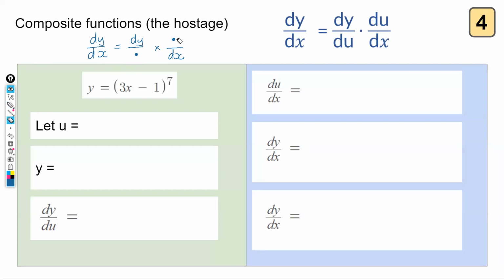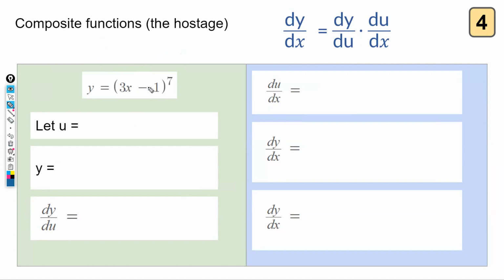I just decided to put something called du, but if I put du here, I have to put a du there. And this is where this formula comes from. It's the same exact thing. You notice the du and the du will cancel out, leaving you with dy/dx. I just wanted to show you where the formula came from. I didn't want to drop it on you and have you just accept it.